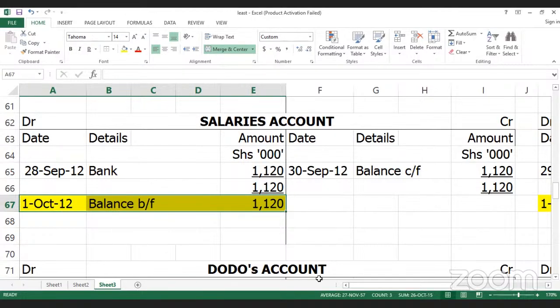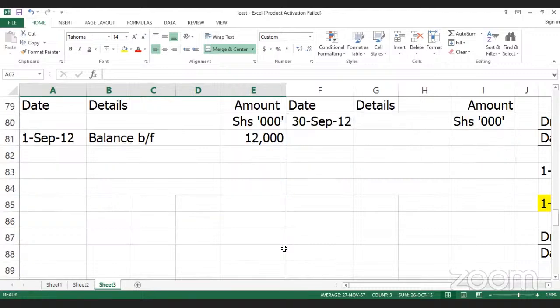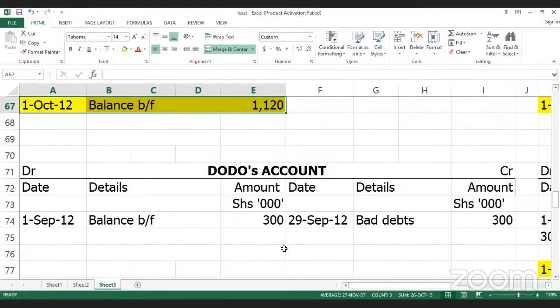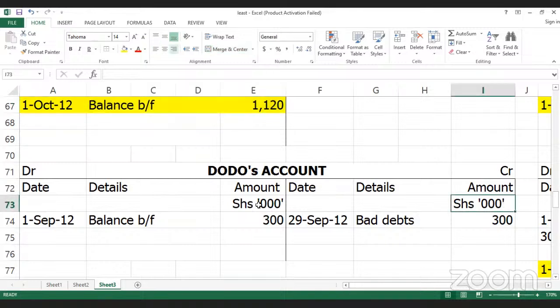Then we move to Dodo's account. We have two more accounts. Dodo's account, which side is greater? They are both equal.